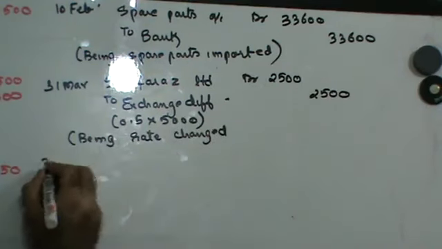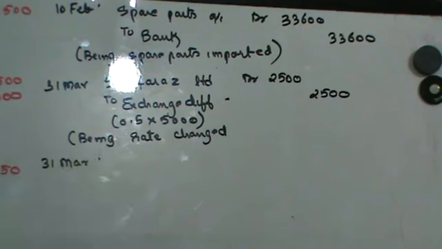Right? 31st March, you haven't made the payment to Messrs Bishop Limited. Now raw material was imported on 15th Jan. On 15th Jan the dollar rate was 41.75. Now it has become 42.5. That means you have to pay 75 paisa more on the entire payment of 6,500.